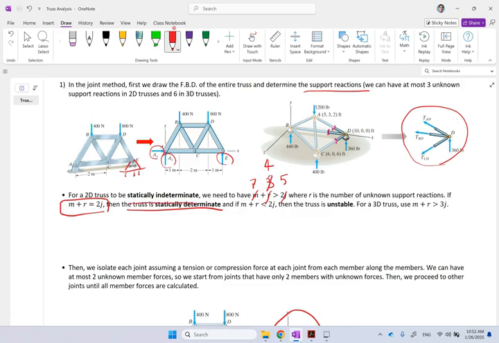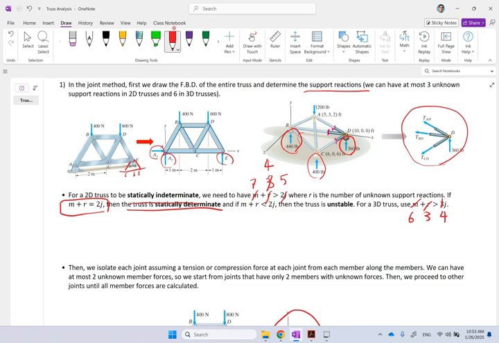Similarly, in this 3D truss, you have 3 rollers, so there are only 3 unknown reactions here, here, and here. So R is 3. The number of joints, if you remember, is 4. And you have 6 members: 3 up, 3 down.